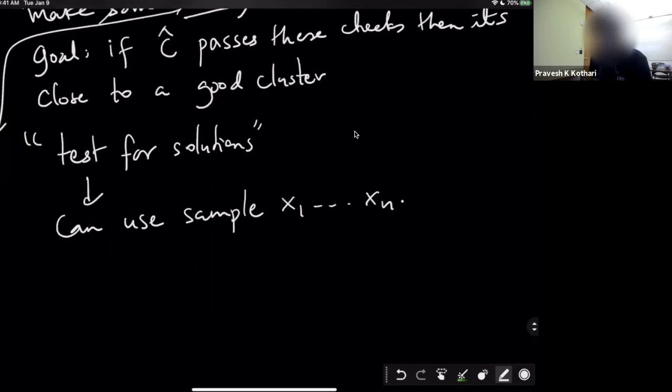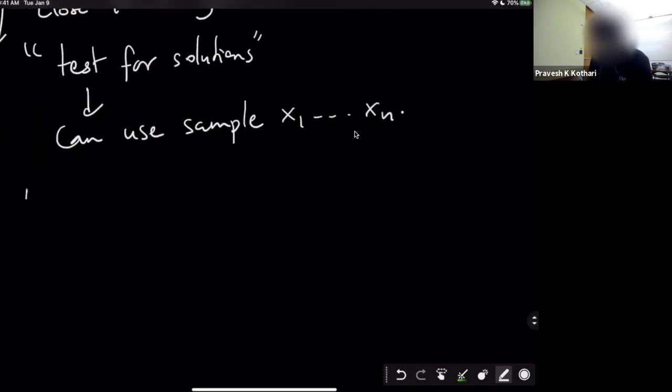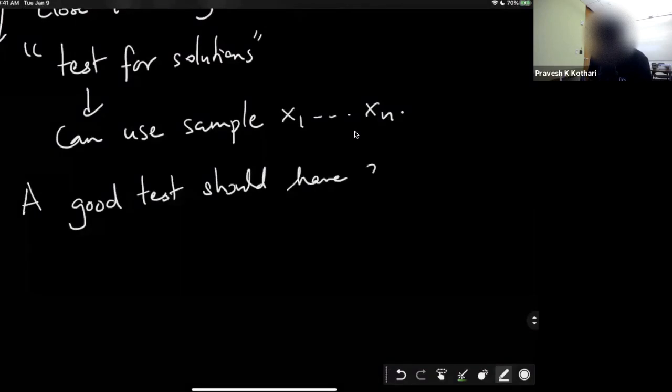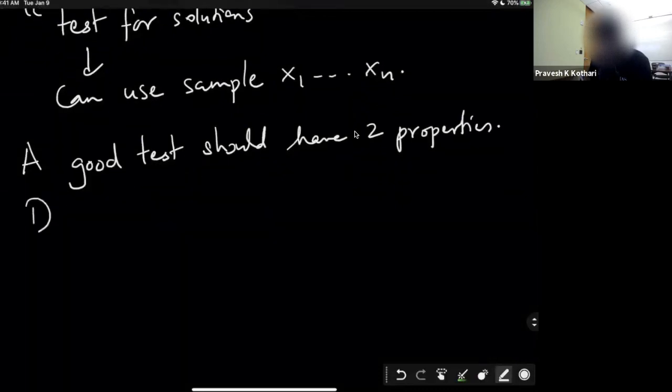You can build a test using those, x1 through xn. Now, what should be the properties of a good test like this? A good test should have two properties, and they are obvious properties, as you might imagine. Any true cluster should satisfy it. Any true cluster should pass the checks.